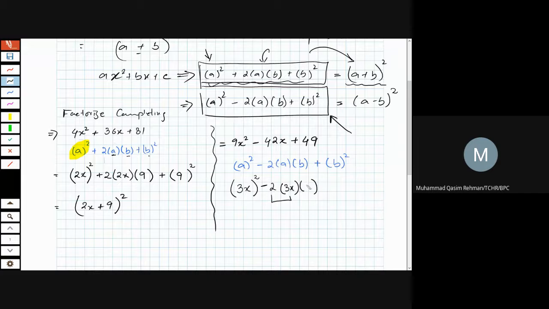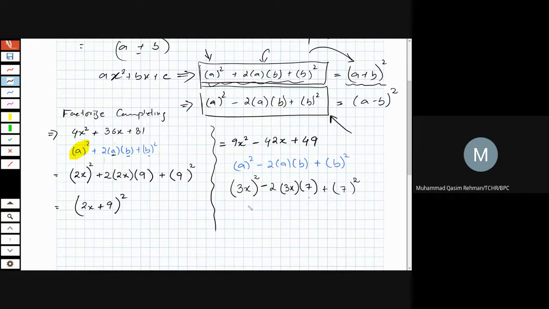Now 6 times what is 42? I don't intend to change the values of the question. Now I have 42 in the question, so I need to look for a number which, when multiplied, gives 42. So 6 times 7 is 42. So from there I know I should write down 7 here. Now this is b plus b square again. So b was 7, which we decided over here. So this should be 7 square.